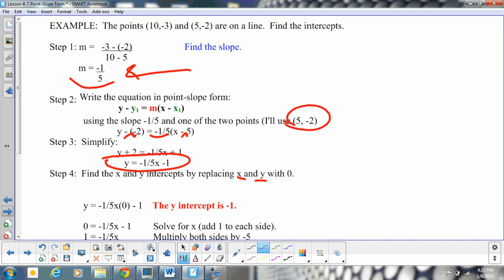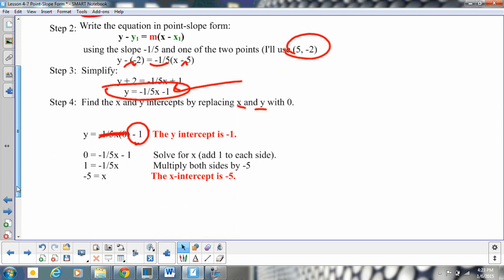We learned about this when we learned about x and y intercepts. My y-intercept is -1. I know that by thinking of the formula y = mx + b. I can also justify that it equals -1 by putting a 0 in for x, which makes my x term go away. My y-intercept is -1.